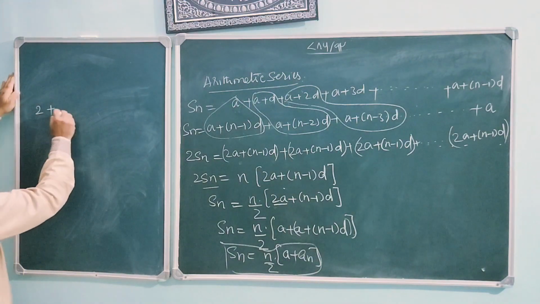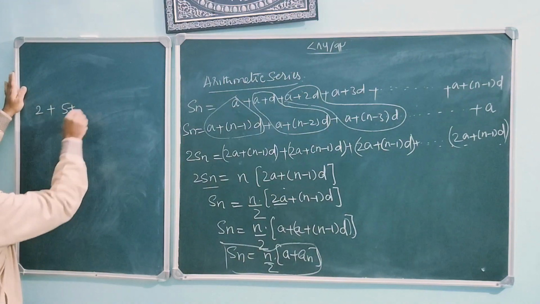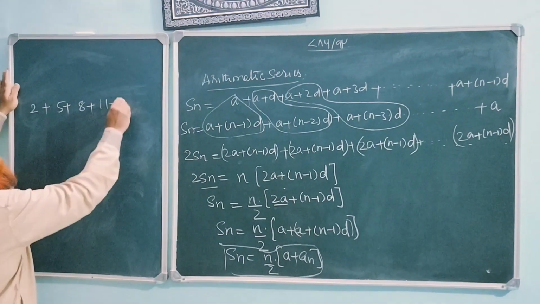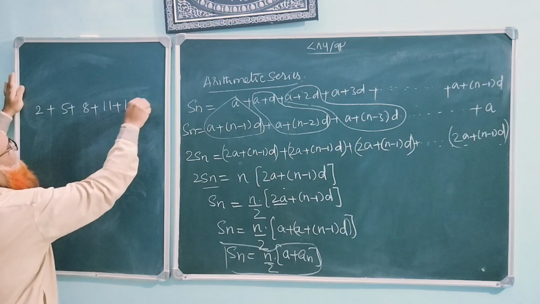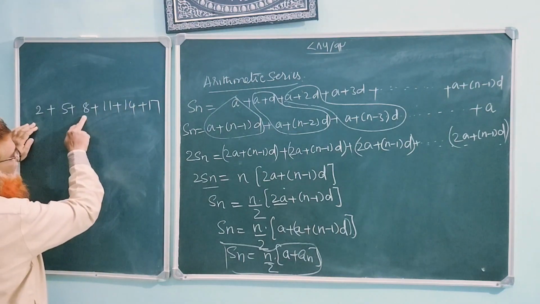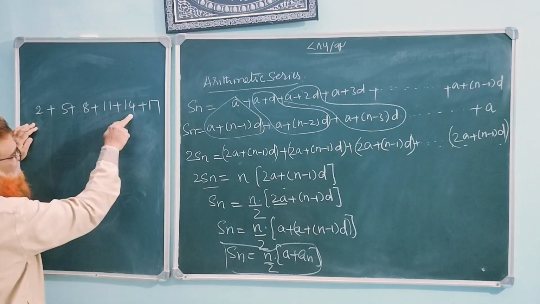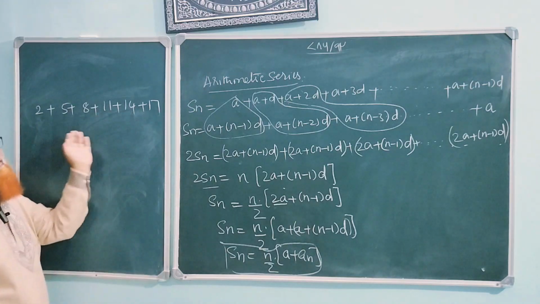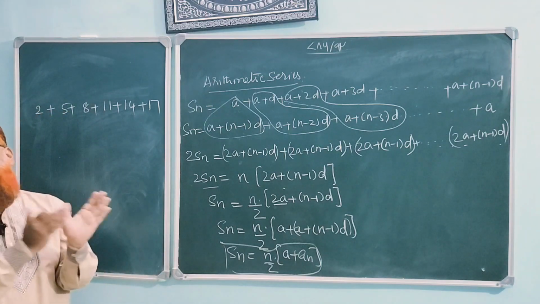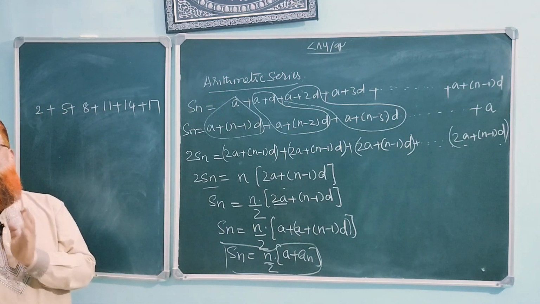2 plus 5 plus 8 plus 11 plus 14 plus 17. 2 plus 3 is 5, 5 plus 3 is 8, 8 plus 3 is 11, 11 plus 3 is 14, and 17. Because it is an arithmetic progression, I have added it in a series way.